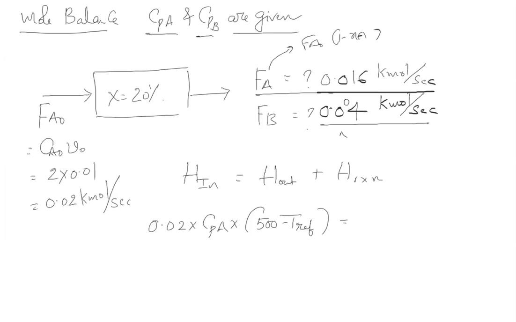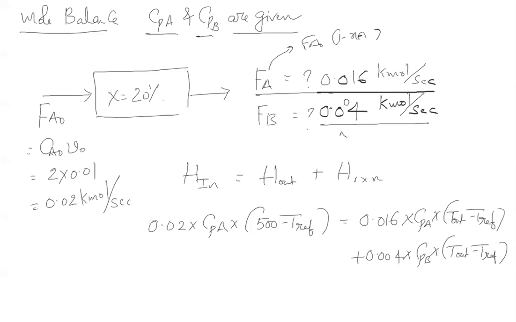Heat out will have two components, an A component and a B component: 0.016 into Cp of A into T out minus T reference, plus 0.004 into Cp of B into T out minus T reference. So this is the heat out.